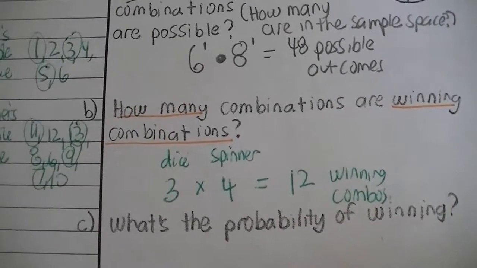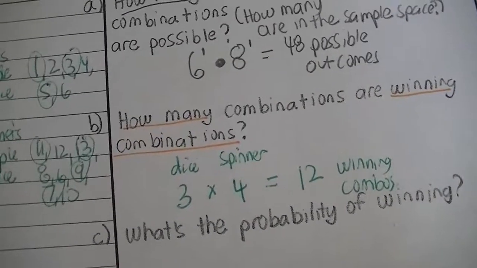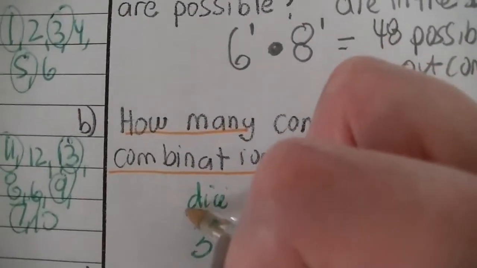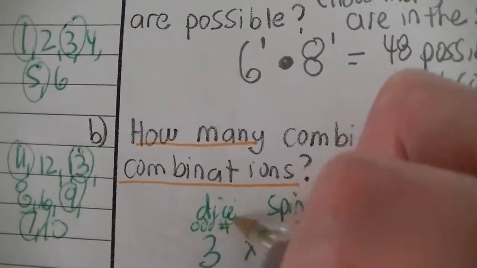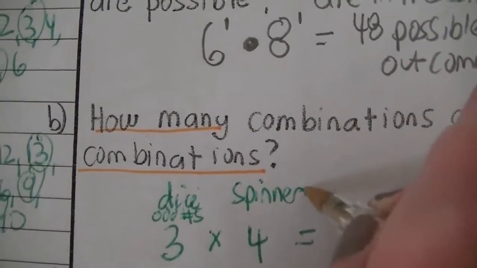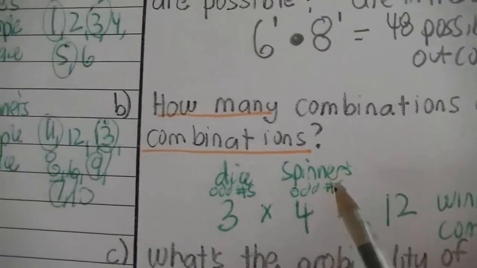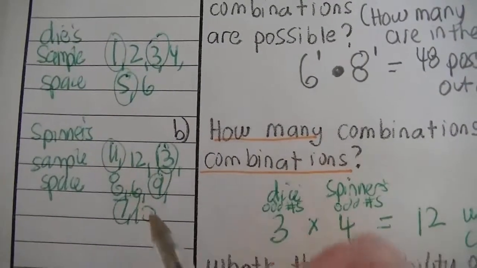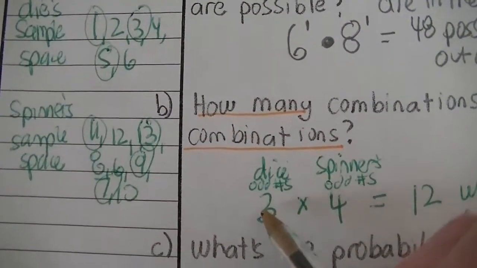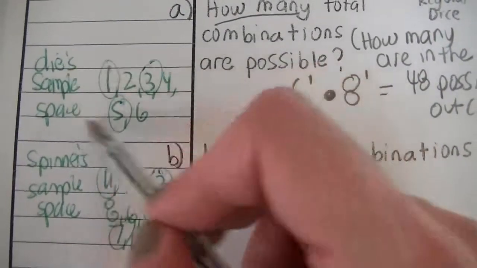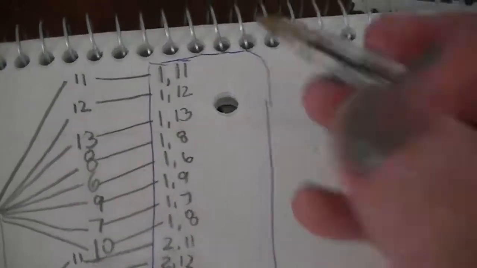Another way you can do this is to see how many are winning here. We want both odd and odd. So the die has odd numbers, and the spinner has odd numbers. If you're wondering how I got 3, right here there are 3 numbers on the die that are odd. Or I can look on here for the odd-odds.